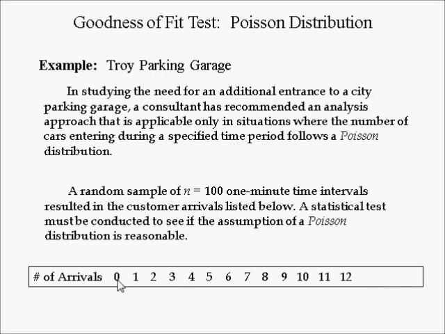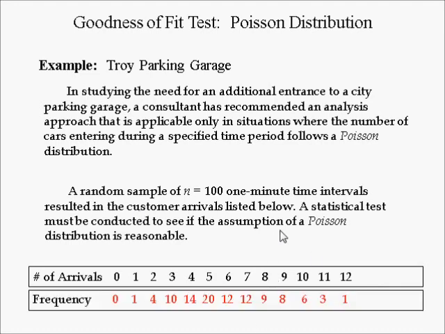Okay, so here we're counting up the number of times in a 1-minute interval that 0 cars showed up. And according to the sample data, that occurred 0 times. Next, we want to count up how many times 1 car arrived in a 1-minute interval, and that happened 1 time.